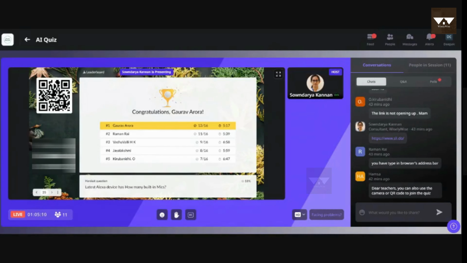Here again, Gaurav ji comes first. Congratulations, ji. Ramanan Rai ji is still second. So congrats. And Veda ma'am third. Congratulations, ma'am. And Jayalakshmi ma'am comes fourth. And Kribanidhi comes fifth. So congratulations. I know this time the questions were a little bit tricky.